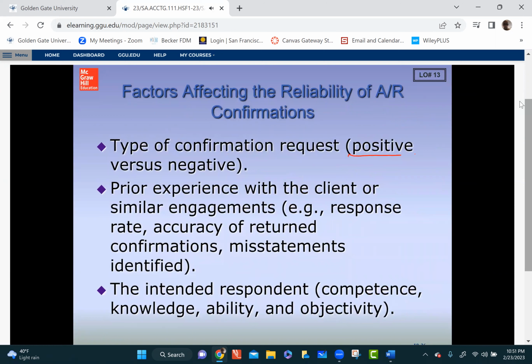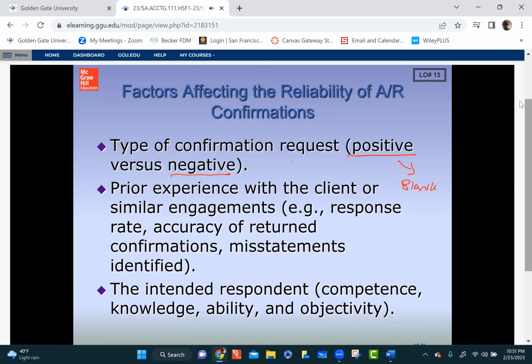There's positive confirmation and there's negative confirmation. Positive confirmation means that you expect to hear back from your client's customer. So you ask them, please respond, okay? Now, when we deal with positive, we could have blank positive. So there's positive and there's blank positive.